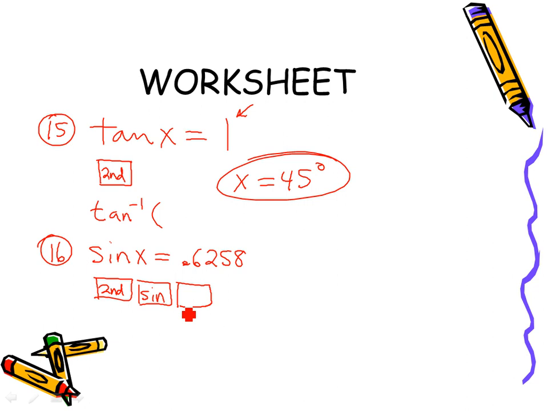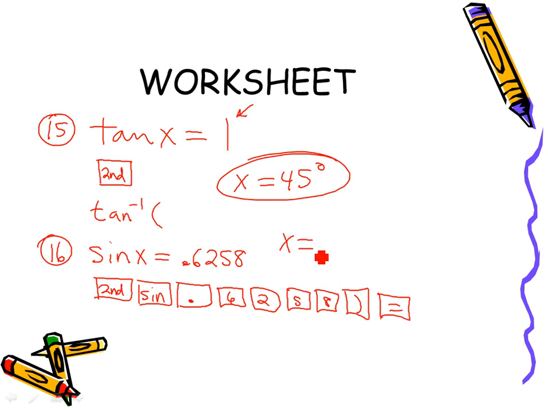Then you just punch in the numbers, 0.6258, and close the parenthesis. Then you hit equals, and it's going to tell you what your angle is. And it comes up to 38.74 something. Normally, if we're dealing with angles, we'll just round it off to the nearest degree. So we'd say about 39 degrees is what the angle is that time.